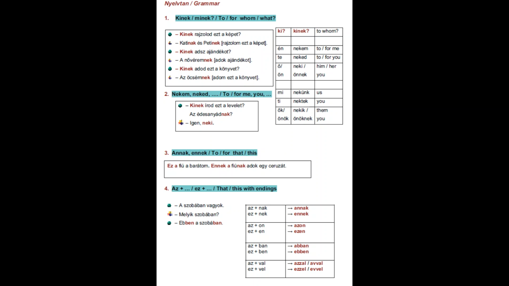Ezt a képet. Ezt. This. Right? And that T at the end, right? It makes it different than ez, which is also this. But ezt is now you're targeting that there thing. This thing. Ezt a képet.